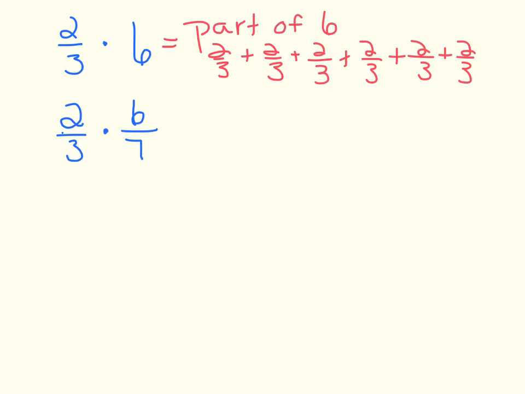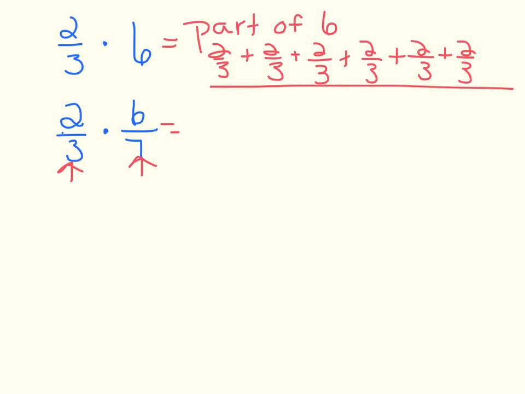It means 2/3 being repeated 6 times. Well, if I have 2/3 repeating 6 times, it's going to be greater than 2/3 itself. Then in the next example, we have a fraction times a fraction. Well, this is a part of a whole. This is another part.